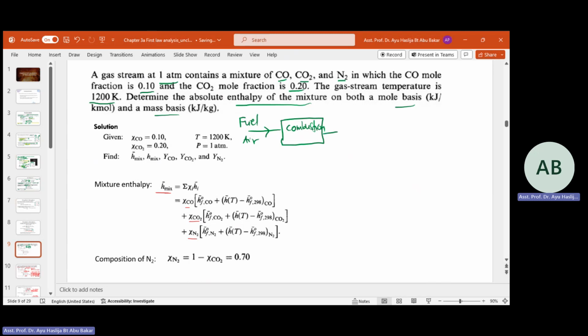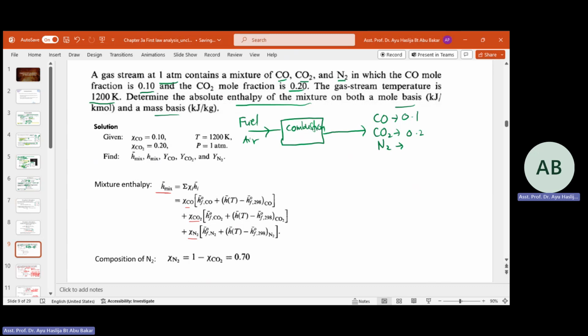Okay, from the combustion, here you have CO, CO2, and N2. Now, they give the mole fraction. CO is 0.1, CO2 is 0.2. Mole fraction.